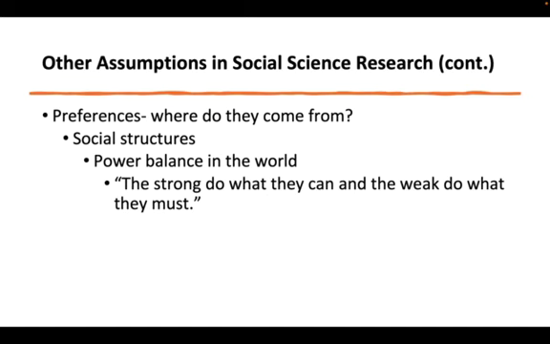But for us, at least for now, just consider that our actions are often constrained or restrained by just how much power we have in the world. A phrase that helps to summarize this is, the strong do what they can and the weak do what they must. The strong do what they can to shape the world, and the weak do what they must to survive in the world.